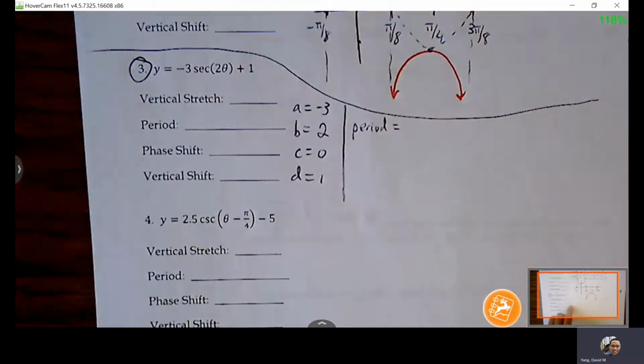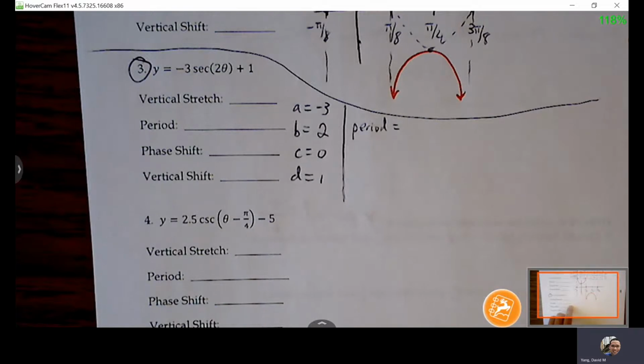So this one, -3 secant 2 theta, we're going to pretend as if we're graphing the what? Cosine. Yeah, so do everything, pretend it's cosine until the very end, and then we can bring in the vertical asymptotes and the secant graph.